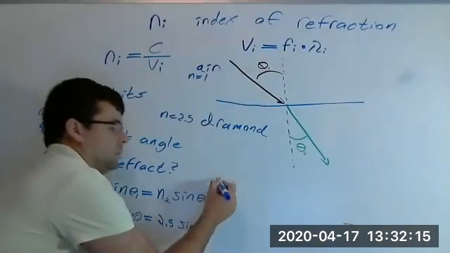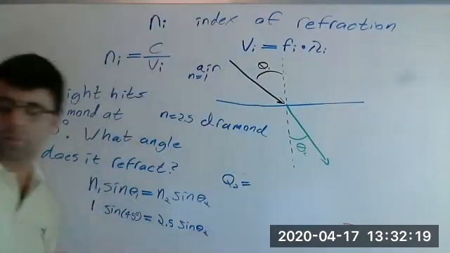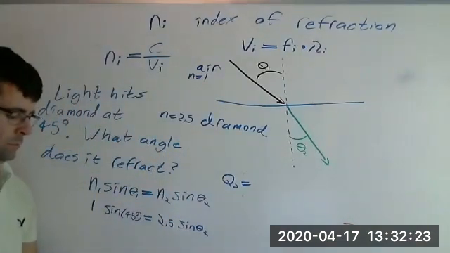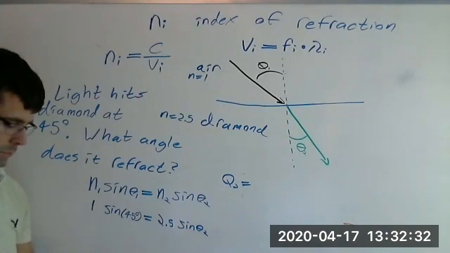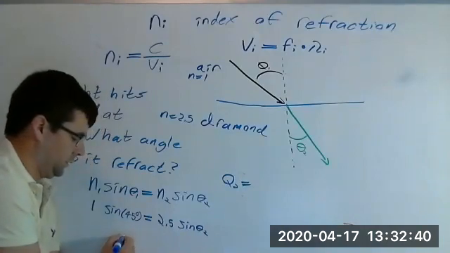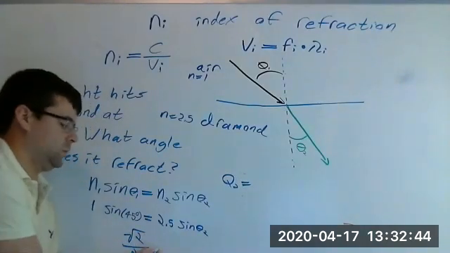So what does theta 2 equal? Sine of 45. Isn't that square root of 2 over 2? So sine 45 is square root 2 over 2.